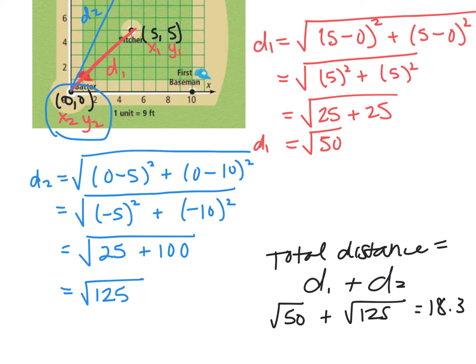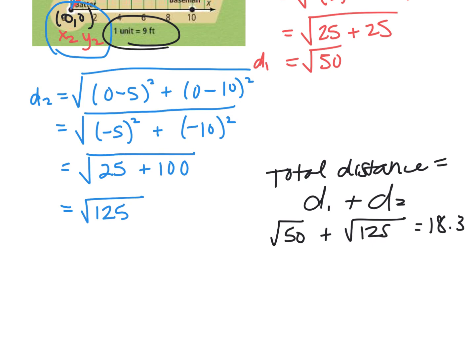And then I noticed that we had this little key right here on our graph. 1 unit is equal to 9 feet. So our coordinate plane is not in feet, it's actually in units. So when we got 18.3 as our answer, that's 18.3 units. But we want to answer our question, how many feet is it?